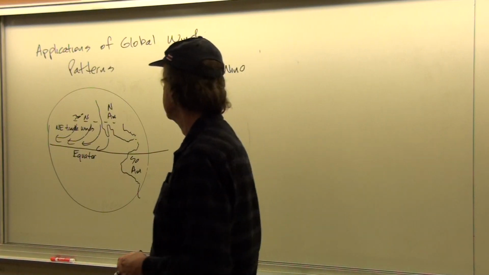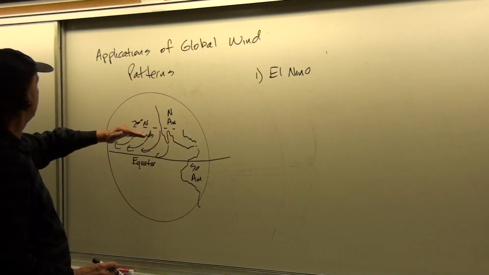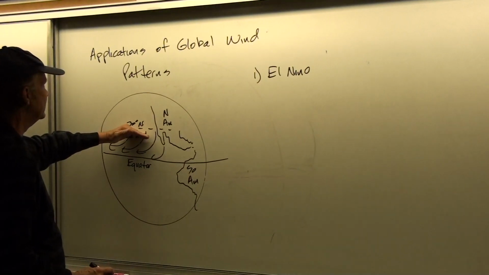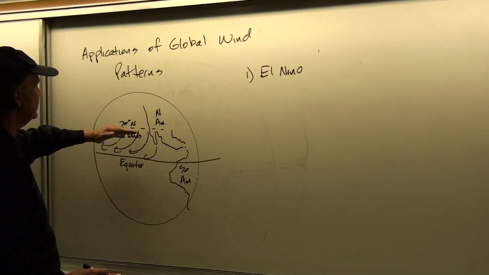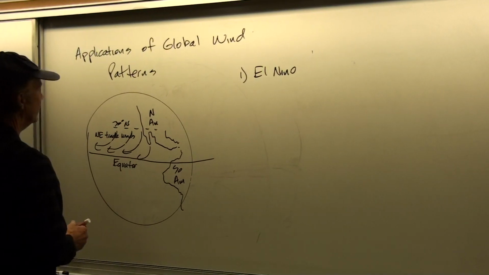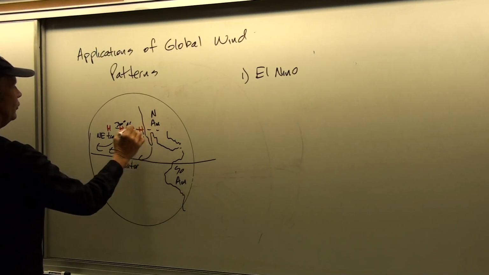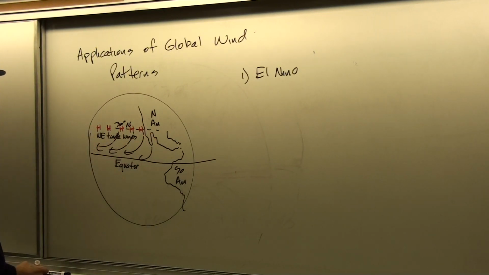And so associated with these different cells, we have air that rises up from the ITCZ, the Intertropical Convergence Zone, and then terminates at 30 degrees north to create a somewhat warm, high pressure region.